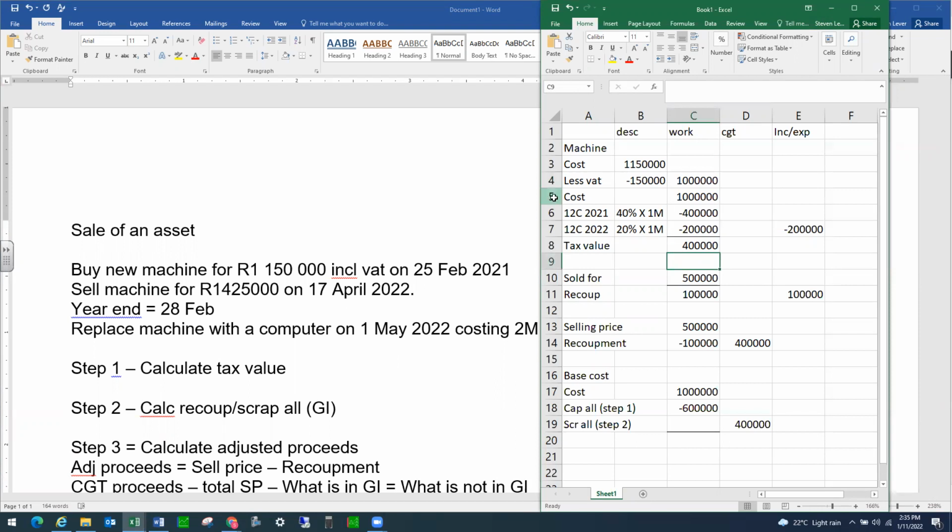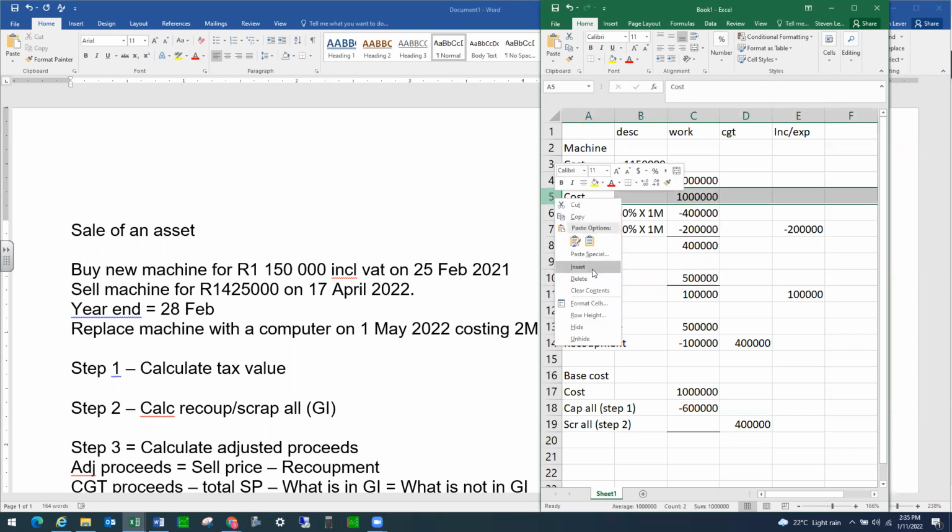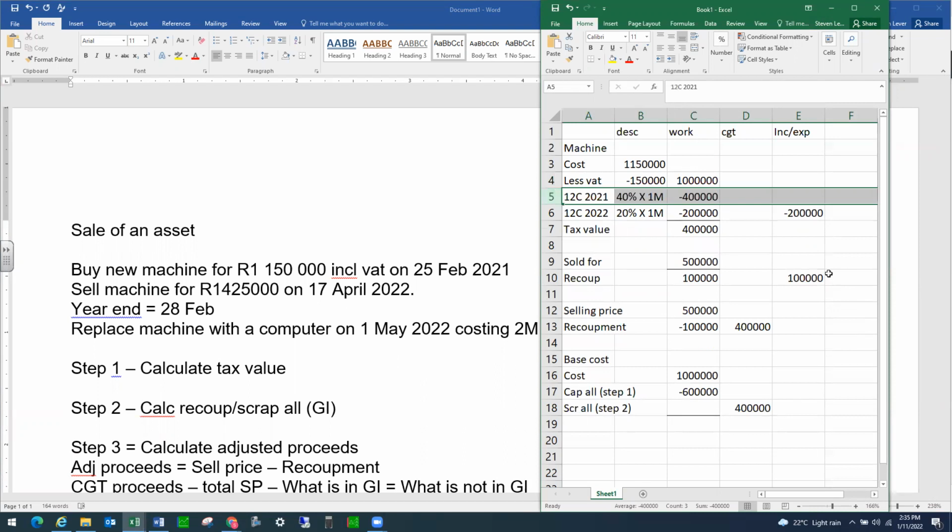That's how you might want to set it out. If they give you something including VAT, there's normally a mark for doing the VAT like that.